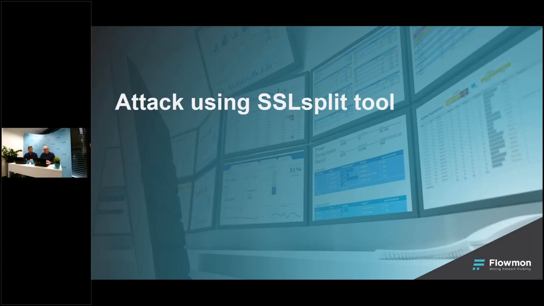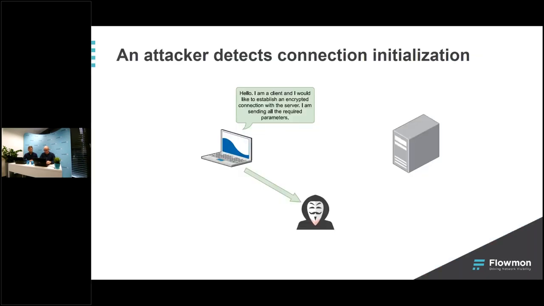And now let's take a look at what the SSL split tool does. Because we have traffic redirected to the machine of our attacker, the attacker is able to detect that the victim tries to access the legitimate server.